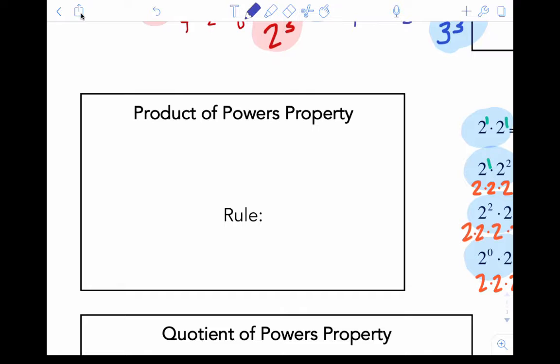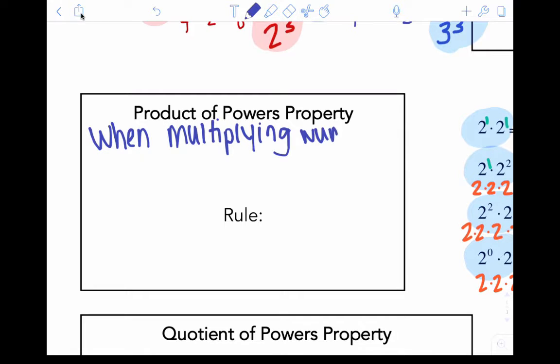So this property is going to state, when multiplying numbers with the same base. This is very important that they have the same base.